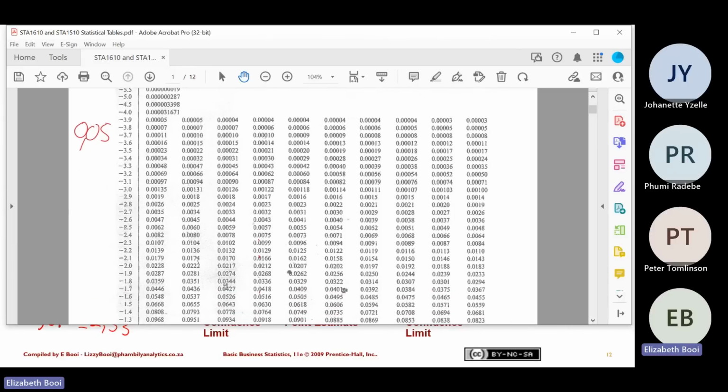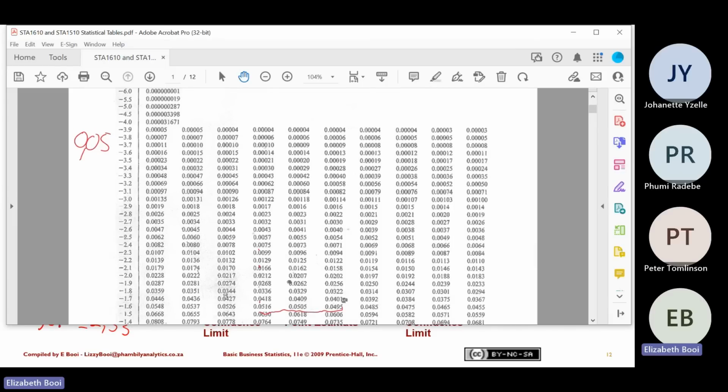If you look at this one, the difference here is an addition of 5, and the difference here is an addition of 5 to make it 0.05. So there is a 5 on both sides.